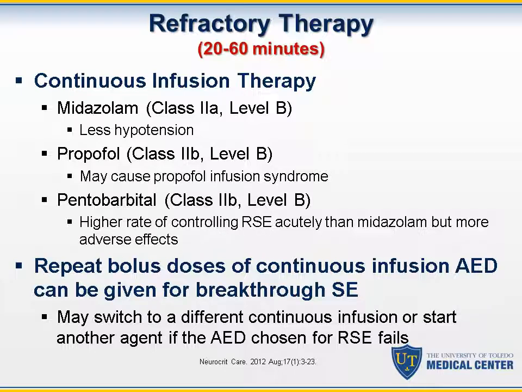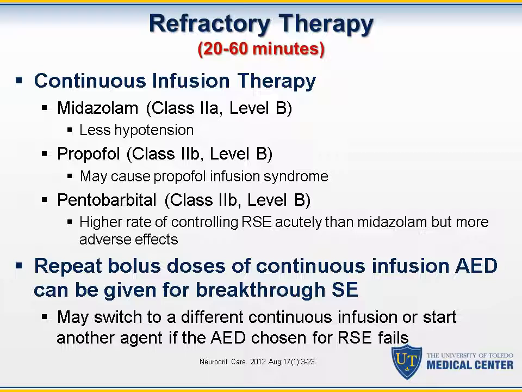The following medications are the ones most often recommended for use as a continuous infusion. There's currently insufficient data to suggest one medication over the other, but listed under each medication are some considerations that you want to think about when giving to patients. Midazolam does cause less hypotension.